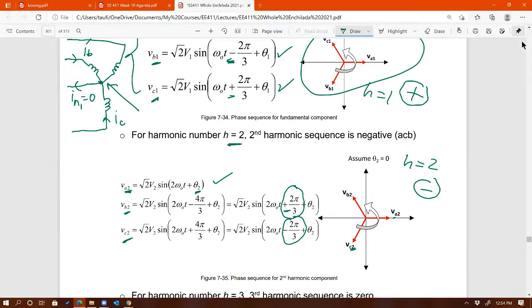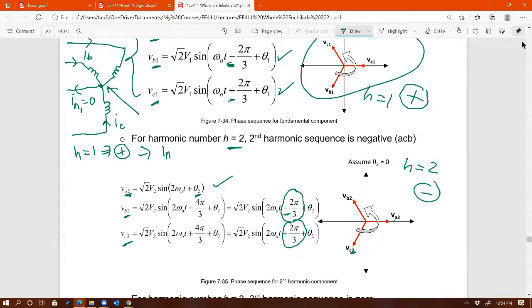Since harmonic 1 follows positive sequence, IN1 is equal to 0. Same thing with H equal to 2. You have negative sequence, and since they're balanced, IN2 is also 0 amps when you add them.